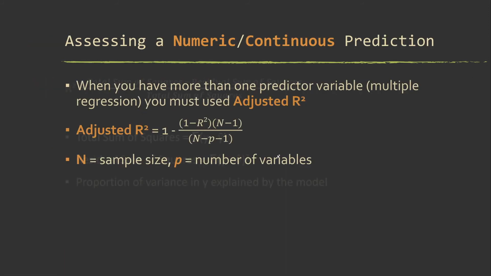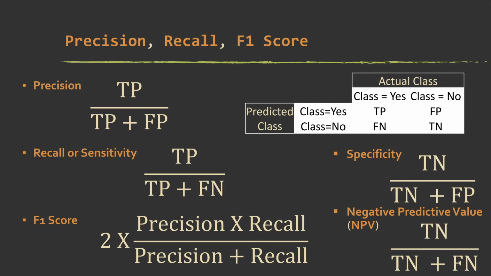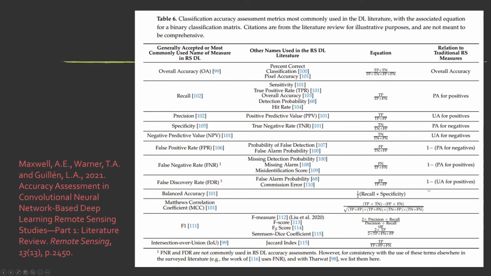So let's go back to this slide real quick. Sensitivity is recall. So in this case, effectively the y-axis is recall, and specificity is going to be the x-axis. And if we go to this slide again, we can see the specificity is the producer's accuracy for the negative class, whereas recall is the producer's accuracy for the positive class.